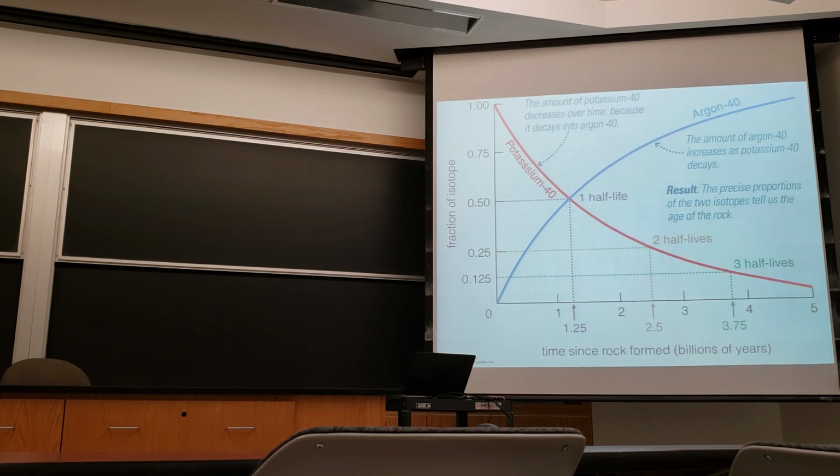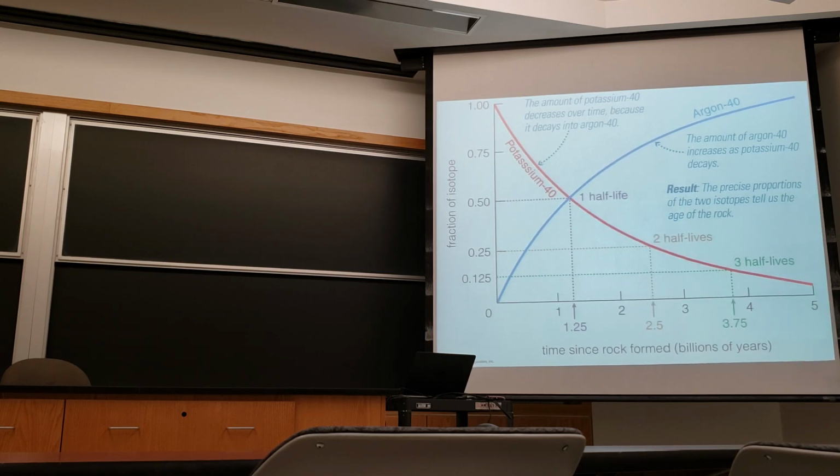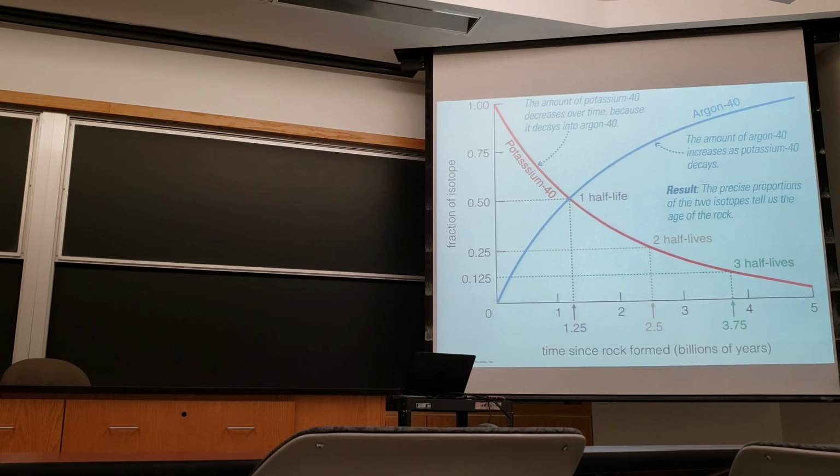So if you measured the amount of potassium-40 and argon-40 in the rock, and you discovered that 1/4 of the originally present potassium-40 was still there, and 3/4 of it has turned into argon-40, then how many half-lives have passed? 2.